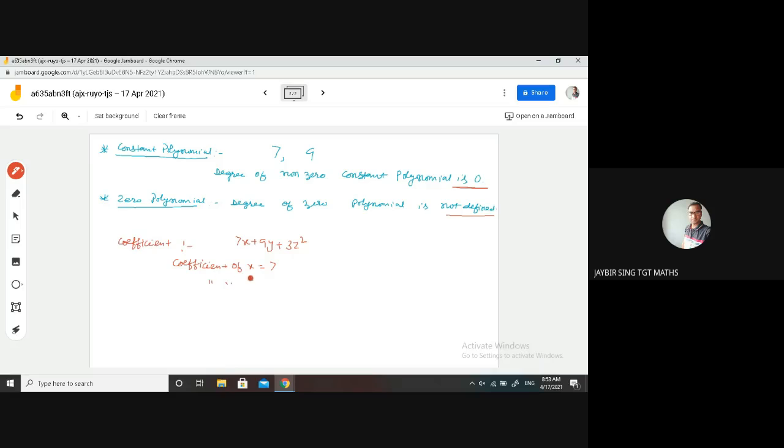Coefficient of y is 9. And coefficient of z square is 3. So likewise you can identify the coefficients, whatever is multiplied with that variable will be the coefficient of that particular variable. Okay, by understanding all these concepts, you can try exercise 2.1.